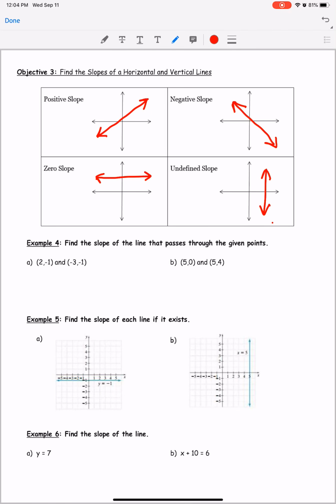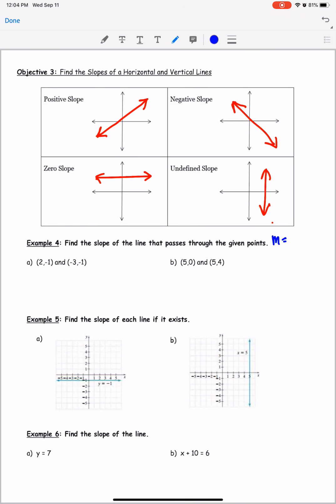Okay, so examples 4, 5, and 6 all have to do with these horizontal and vertical lines. So this one and this one here. On this first one, we're finding the slope of a line that passes through your given points. Because you have an ordered pair, you've got to go back to what we did on the first example.